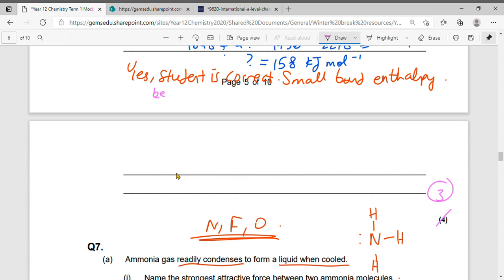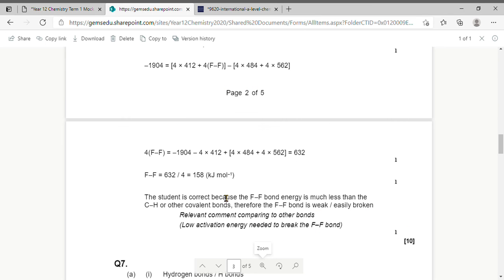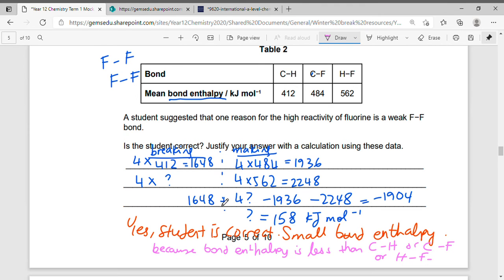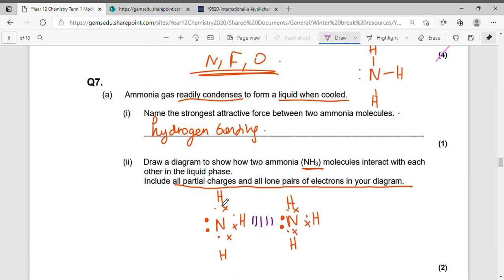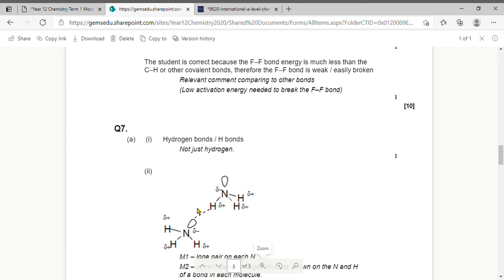So because bond enthalpy is less than CH, for example, or CF, or HF. So, okay. Question 7. Hydrogen bonding.